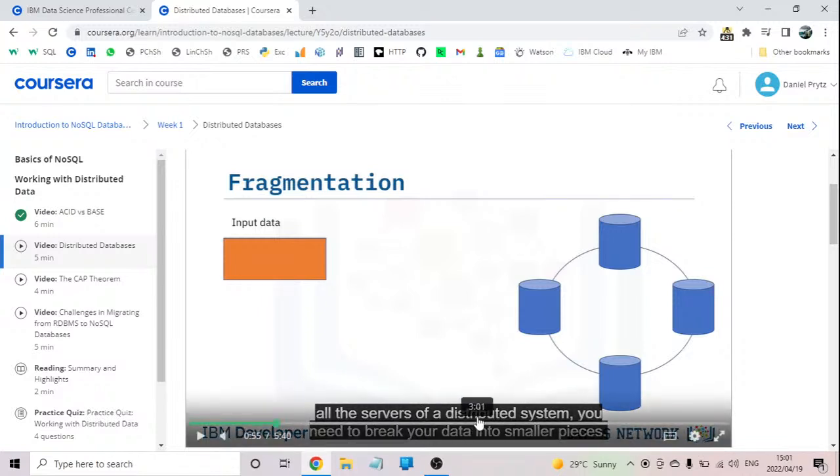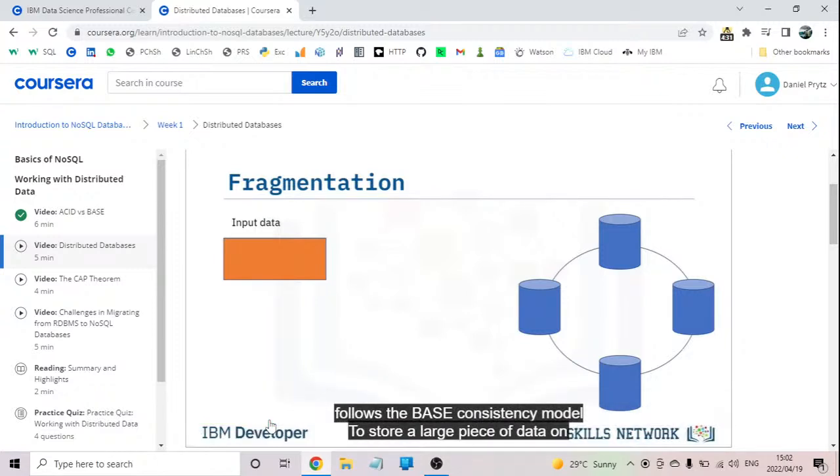If you have lots of data on all the servers in the distributed system, if you have a large amount of data on your distributed system, we may want to break the data into fragments. Okay, there we go. So we're breaking the data into fragments.